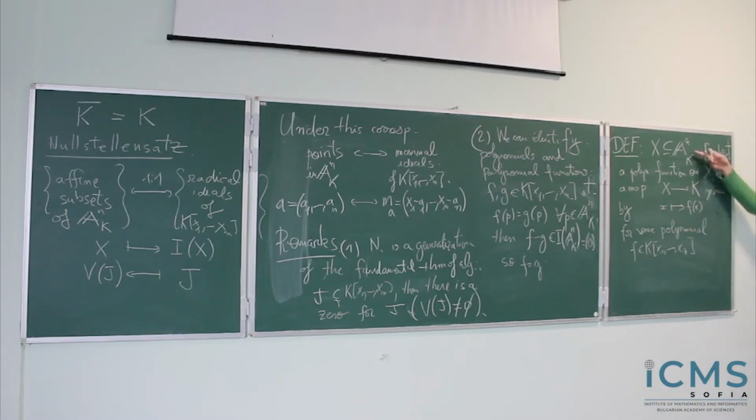So we take a polynomial function on the n space and we just restrict it to the affine subset.